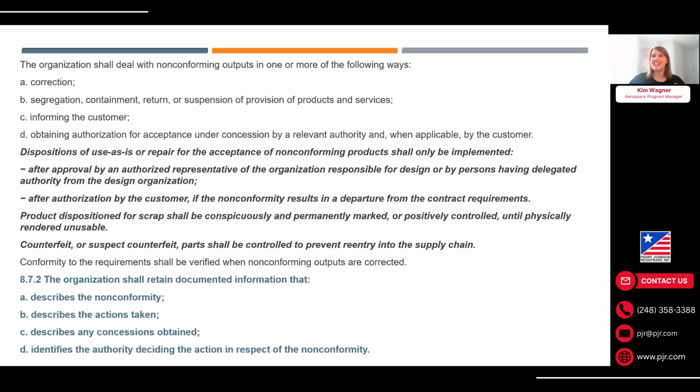It's not sufficient to just tag the item, since that's not permanent, right? That tag can be removed. It needs to be a conspicuous and permanent marking, or it needs to be positively controlled. So for example, locked in a cage that only a couple of authorized people have access to. And one of those needs to happen before that product dispositioned as scrap is physically rendered unusable. And I'll return to that in a moment.